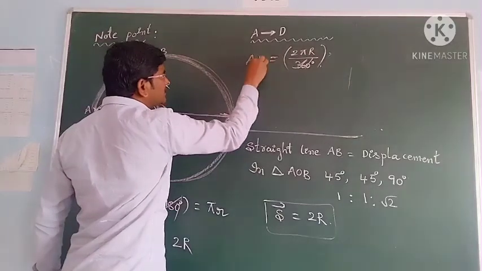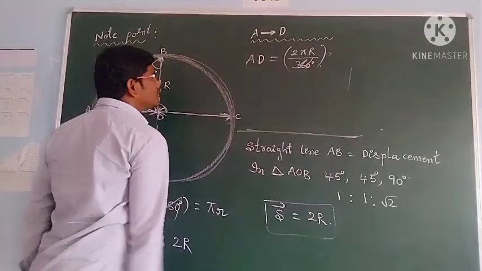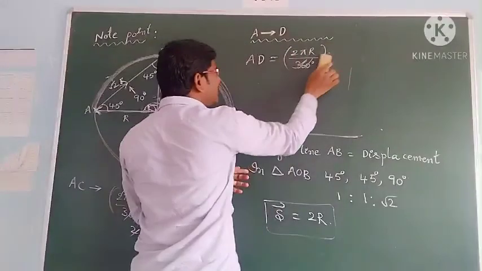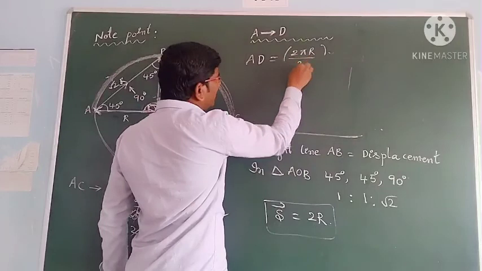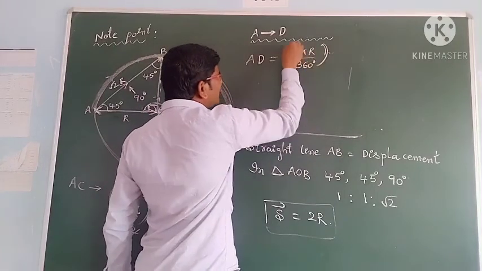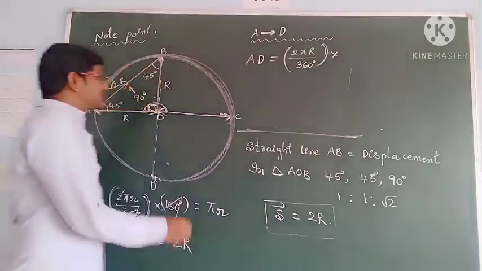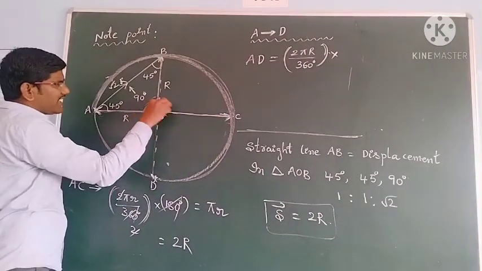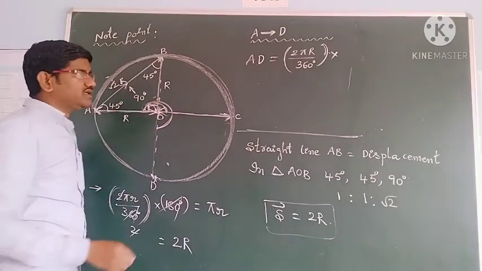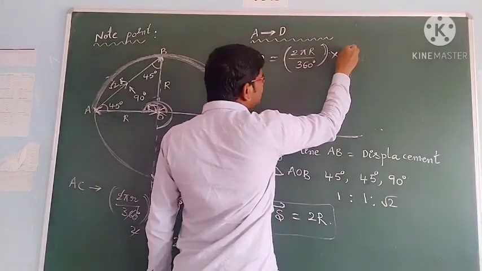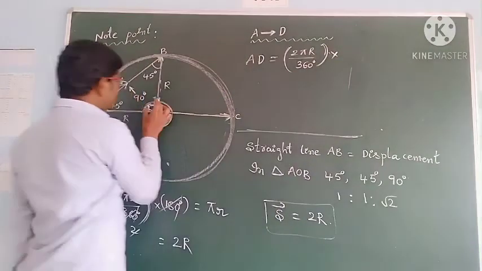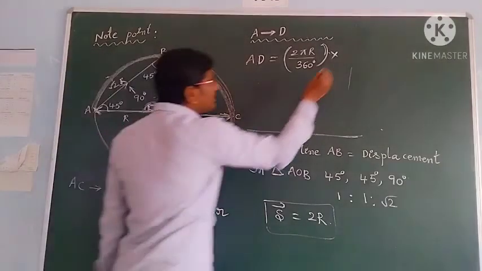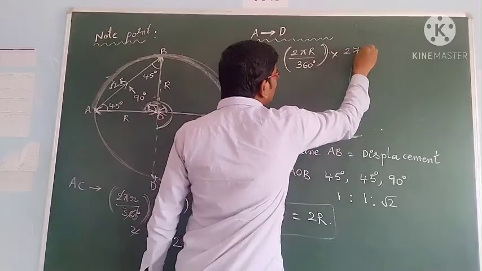I want the distance from A to D. We have the formula 2 pi r by 360 degrees into the angle this arc makes at the center. That is 270 degrees, since this is 90, this is 90, this is 90, three 90s, so take 270 degrees.